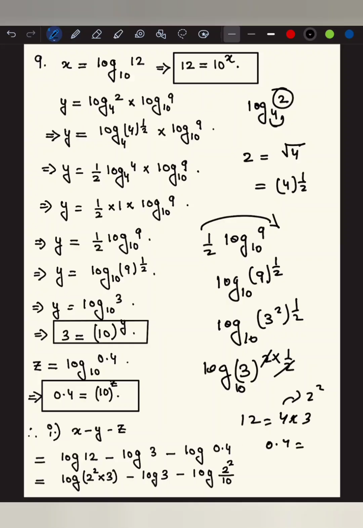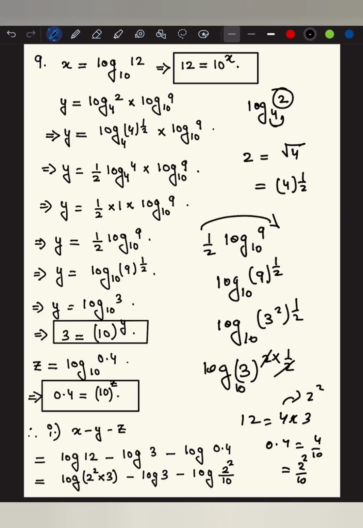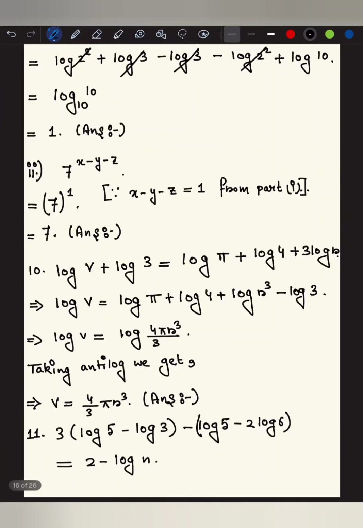0.4 means what? 4 by 10. Understood? This 4 by 10 means it is 2 square by 10. So I have written it as log 2 square by 10. Got it? So this log 2 square into 3, I have just separated it and written it as log 2 square plus log 3.